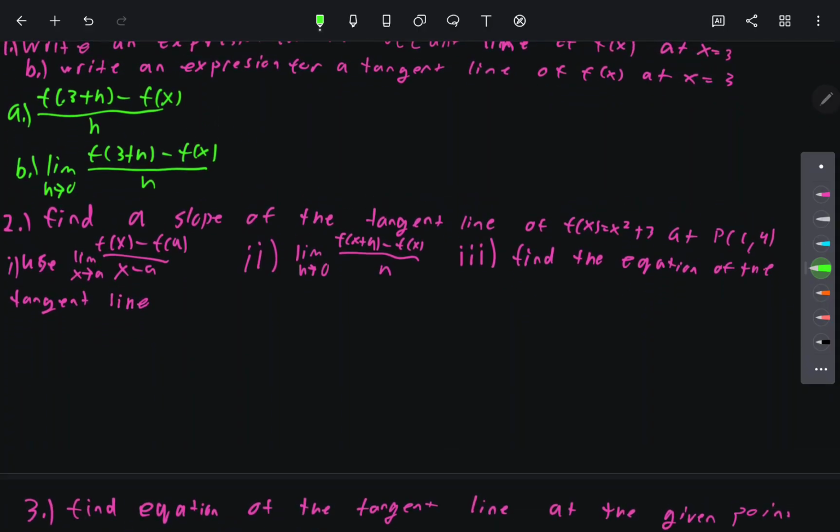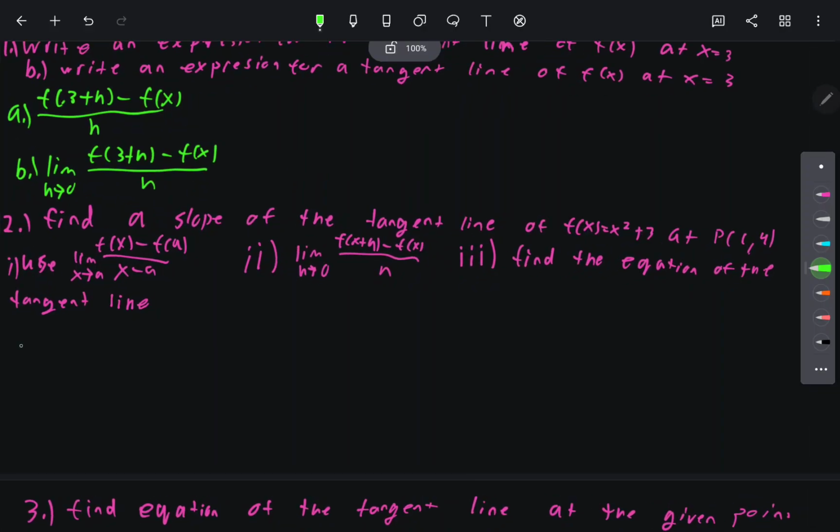Next, I have a very challenging problem. No, I'm kidding, it's not very challenging. I want us to really use all of the different forms of a limit. We're going to start out with this one to evaluate the tangent line.